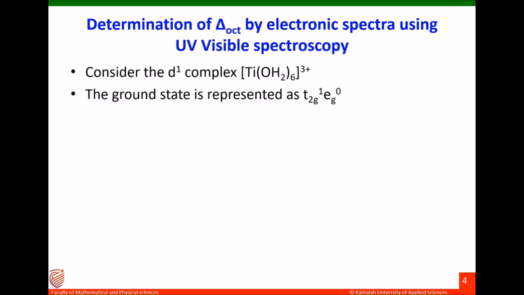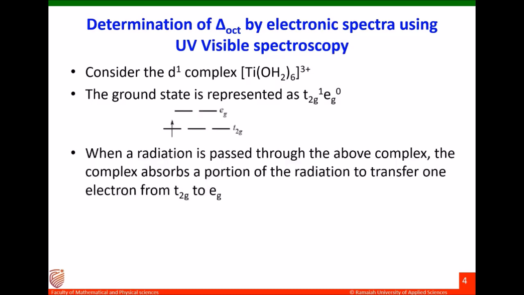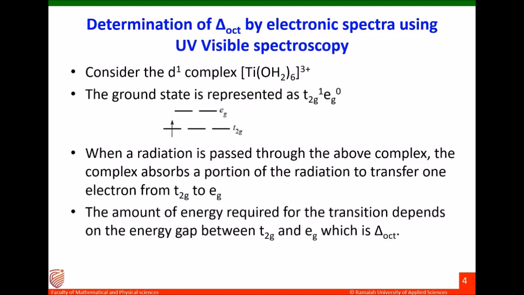Now, when radiation is passed through the above complex, the complex absorbs a portion of the radiation to transfer that electron from t2g to eg, and the amount of energy required for this transition depends on the energy gap between t2g and eg, which is delta octahedral.